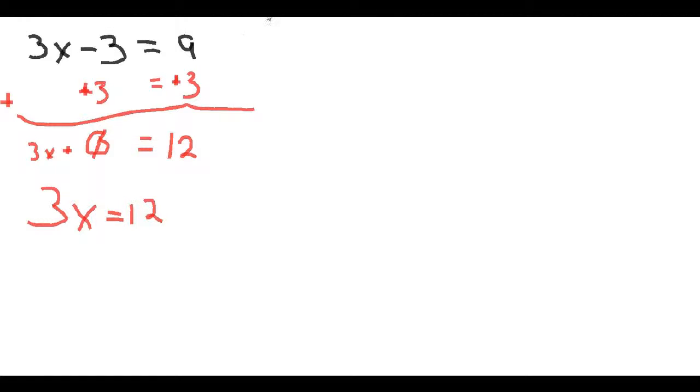So what happens from here, let me change the color back to black, is we need to get rid of this 3. We need to get rid of this 3, so we're left with x somehow. The best way to do that is to multiply by the reciprocal of 3x.